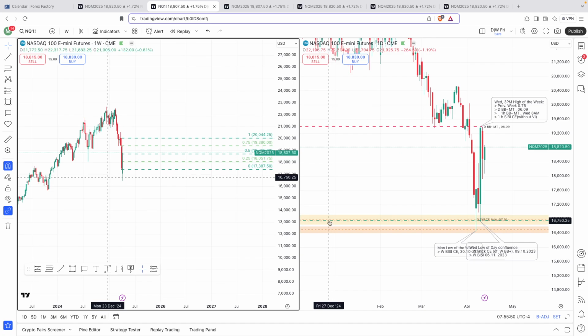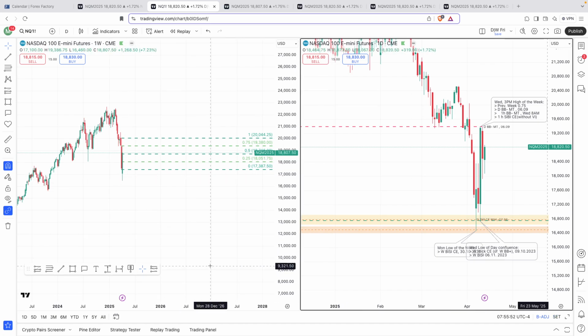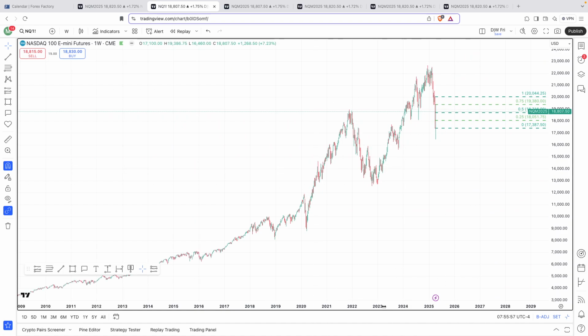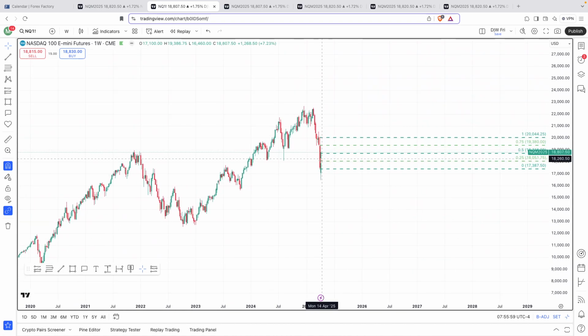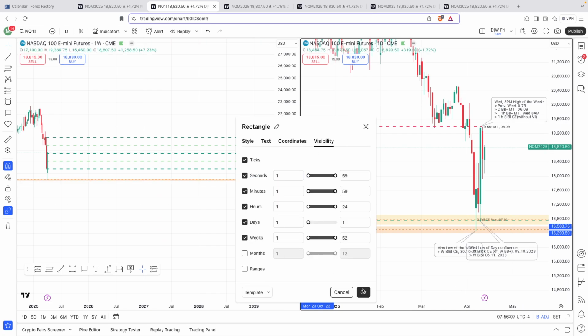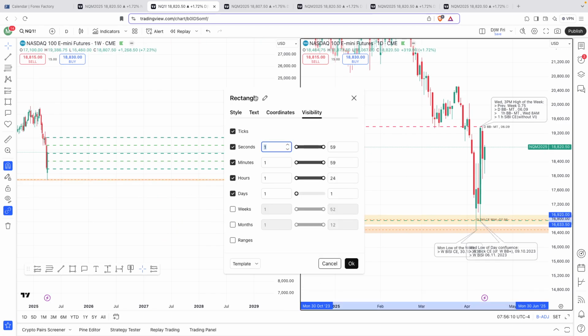But if I use this one, then I'm going to be able to see a lot more price action. So it helps to better understand the bias and to see the PD arrays to the left of the chart. So very interesting here. I'm going to put this back.